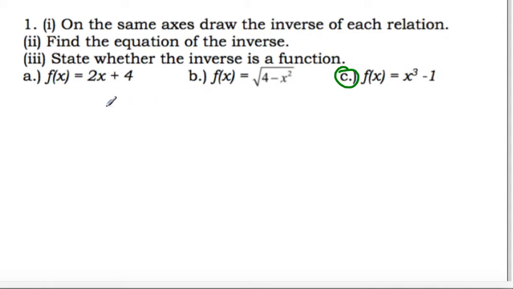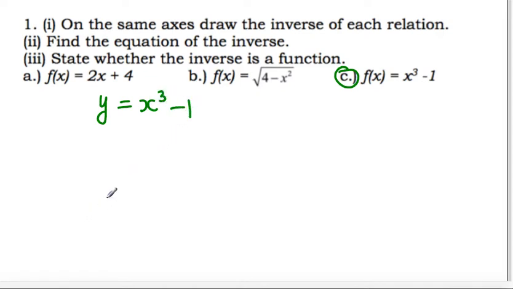I can write that function in a different way. We usually call the image of x as y. So I'm going to write the function f formula or equation in the form of y equals x cubed minus 1.